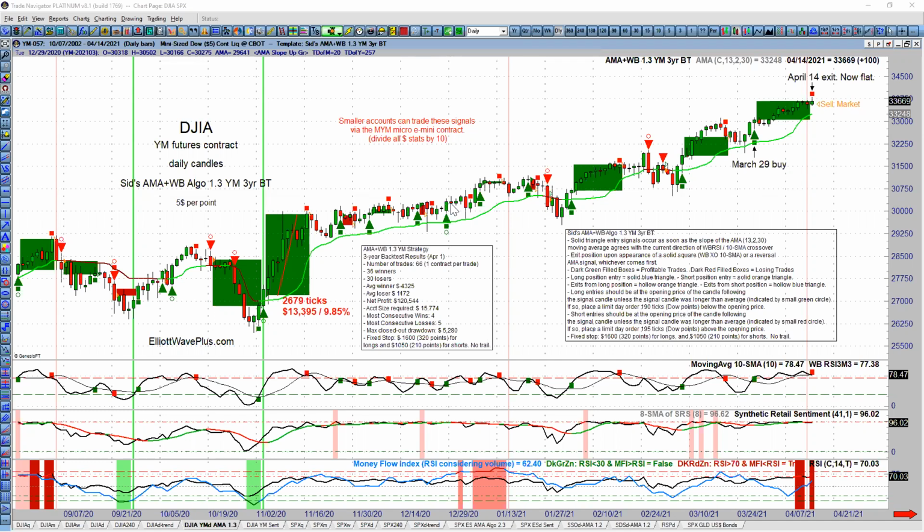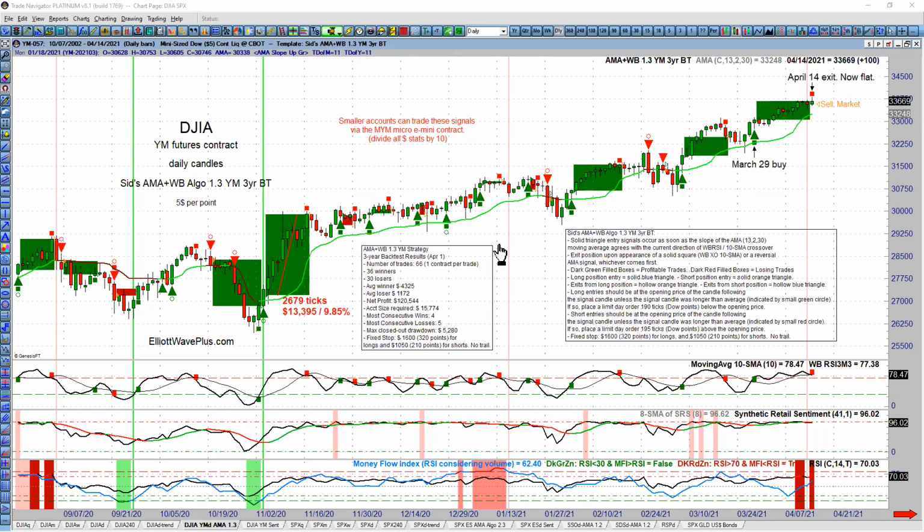So you wait for a pullback of 190 Dow points, and you get long there. And then you put your stop, but the stop size on longs is $1,600, which is 320 points. So 320 Dow points is the fixed stop size on long positions. On short positions, it's smaller. It's 210 points.